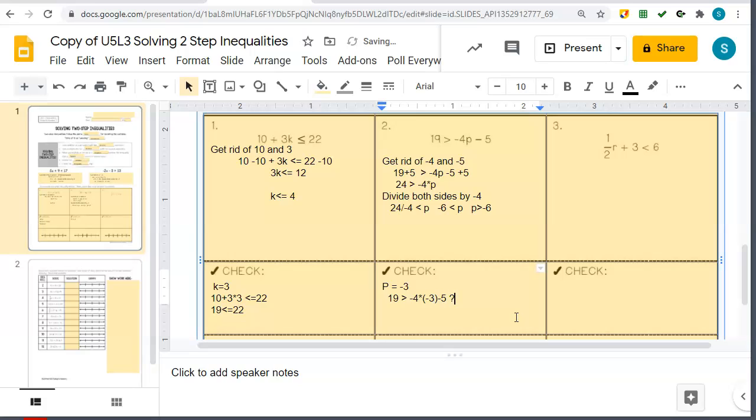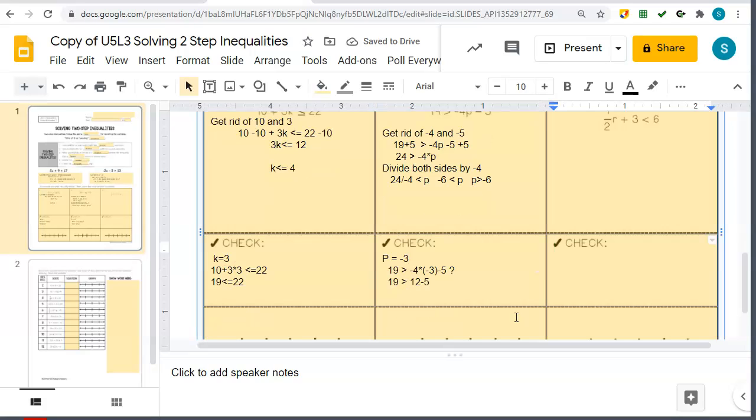Well, negative 4 times negative 3 is positive 12. So 19, is that greater than 12 minus 5? And 12 minus 5 is 7. So 19 is greater than 7. Check. Yes, that is a true statement. Good.